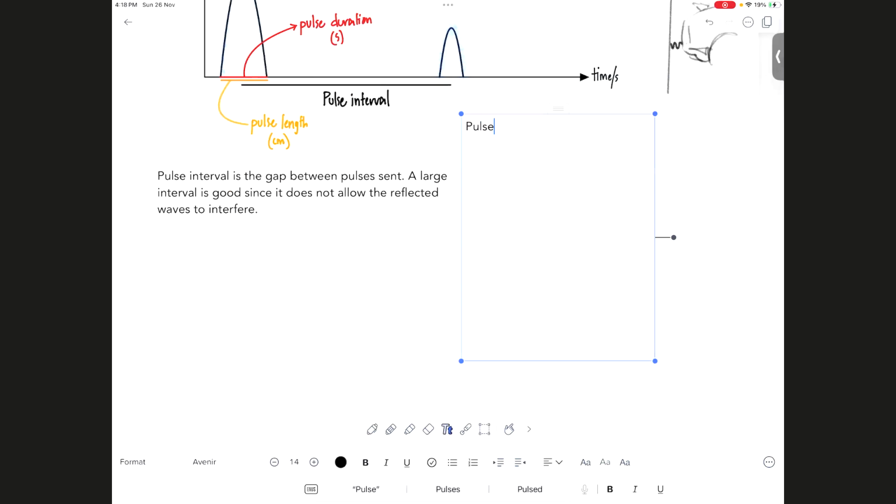All right, so let's start. Pulse duration, to keep: pulse duration is the time that a single pulse takes, or duration of a single pulse. Next is pulse interval, time between sending and receiving.